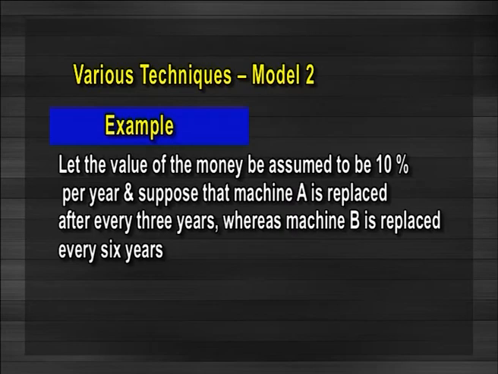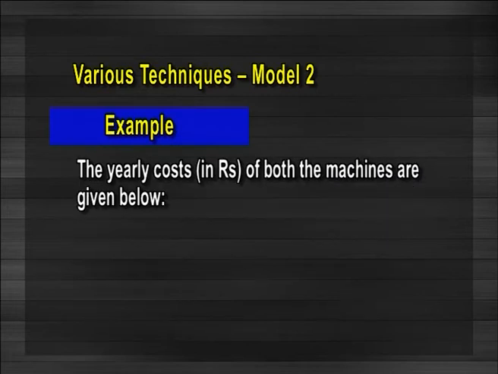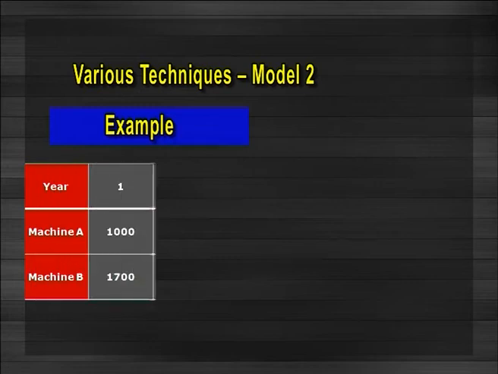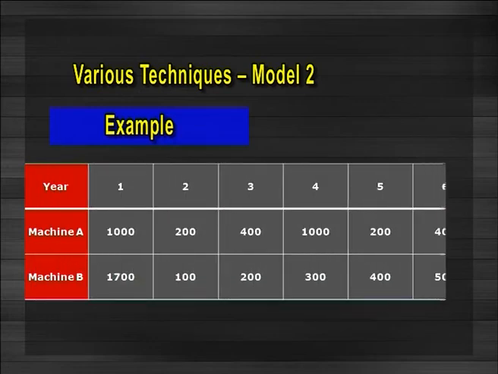Let the value of the money be assumed to be 10% per year and suppose that machine A is replaced after every 3 years, whereas machine B is replaced every 6 years. The yearly costs in rupees of both the machines are given below. Determine which machine should be purchased.